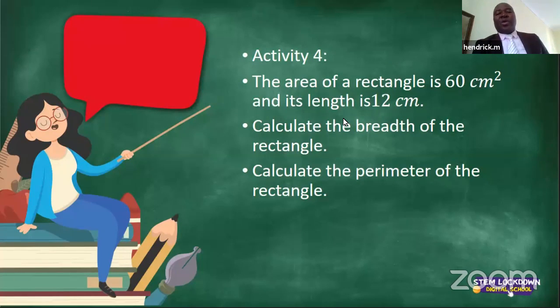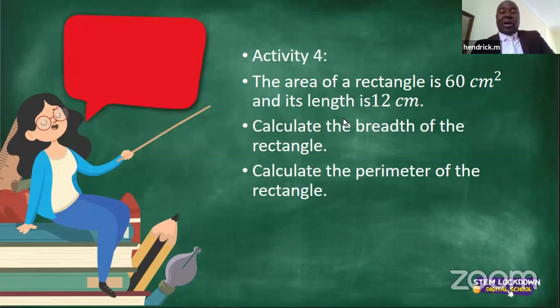Let's say that you are given the area of a rectangle, which is 60 square centimeters, and the length is given as 12 centimeters. So now you are given the area as well as the length.